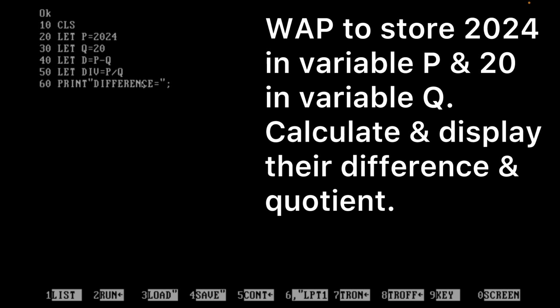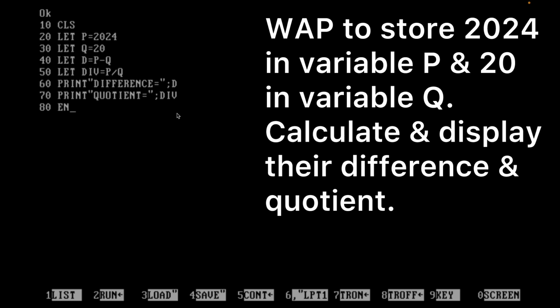So print difference, it will be D. 70 PRINT, "Quotient =", close inverted commas, semicolon, and what variable have we assigned? DIV. So we will write here DIV. Our job is done.